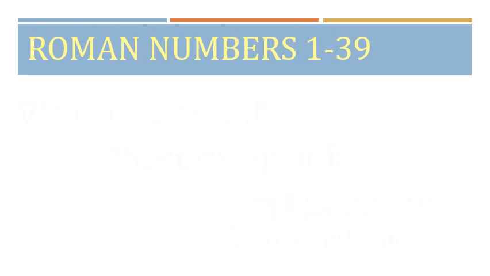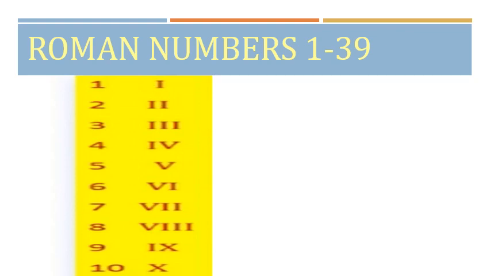Now we'll see how to write Roman numbers 1 to 39. You have the numbers 1 to 10 in front of you. 1 stands for I. So when we repeat I, it will become 2. Repeated 3 times gives us 3. And as we know, V stands for 5.